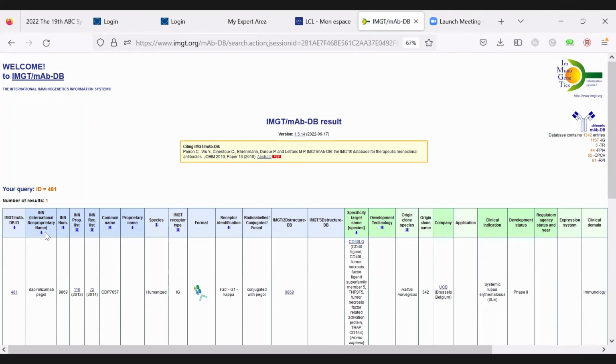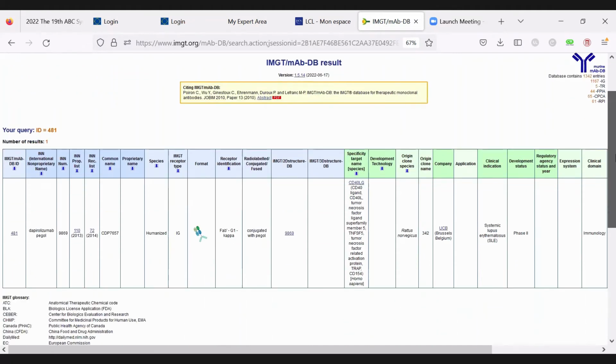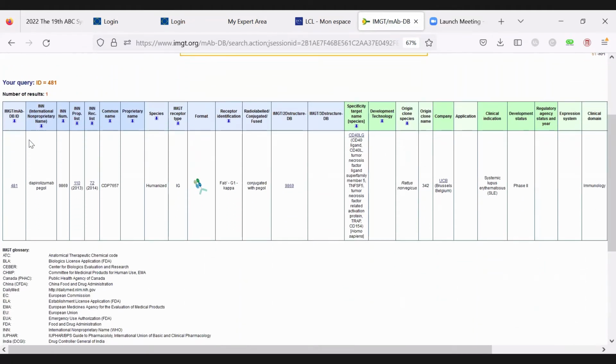This is an international instance that deals with the naming of the antibodies, based in Geneva, in Switzerland. And there is an expert group in this consortium that gives, for instance, dapirolizumab pegol, the name of this antibody.